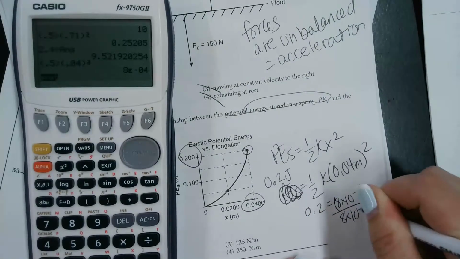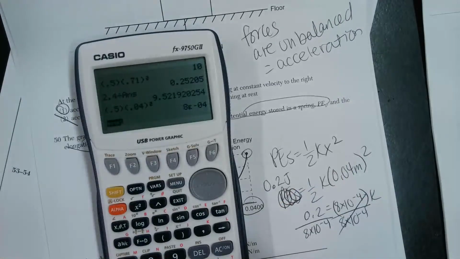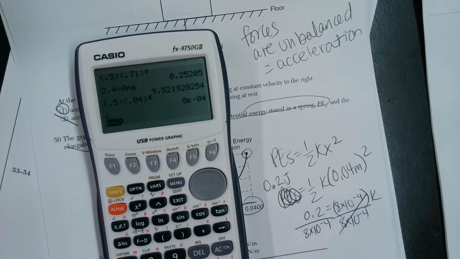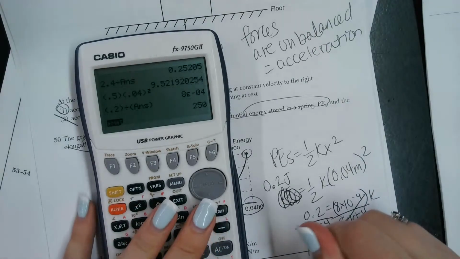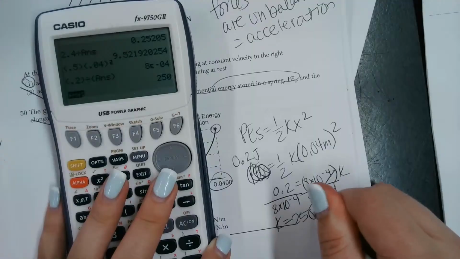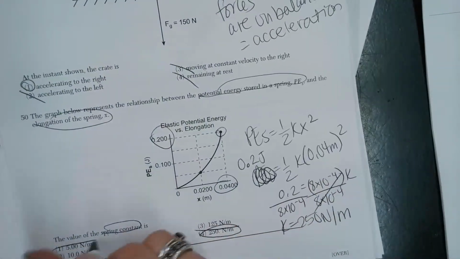Divide by 8 times 10 to the negative 4. I have a very tiny denominator, so that should tell you the answer is going to be large. We get k is equal to 250 newtons per meter. Okay, so that is choice 4.